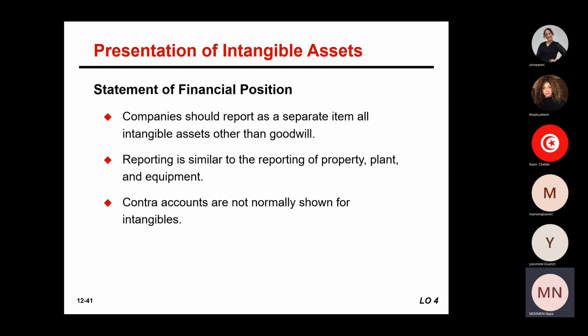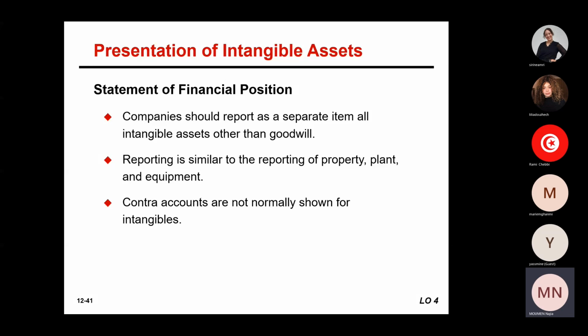So there is no really big difference in how to present intangibles compared, for example, to the reporting of property, plant, and equipment. Remember, for property, plant, and equipment, we have building, land, equipment, machinery. All of these items are provided in a separate way.